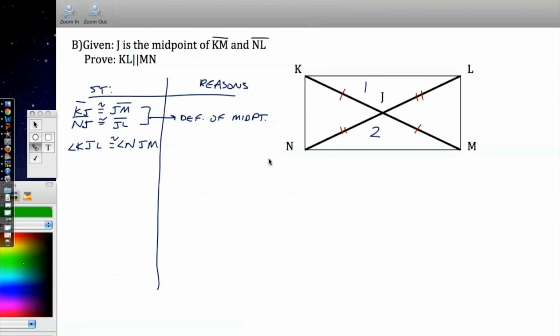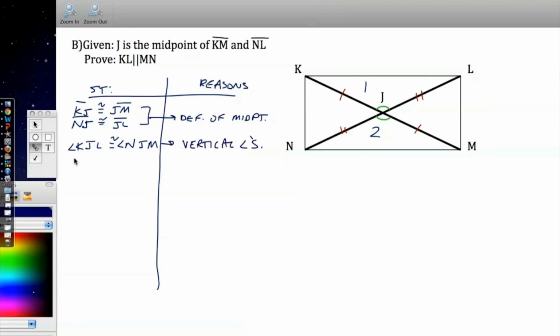Because what I have here, if I can mark this, is something that tells me, yeah, these are congruent because they are vertical angles. Okay, so those are vertical angles.